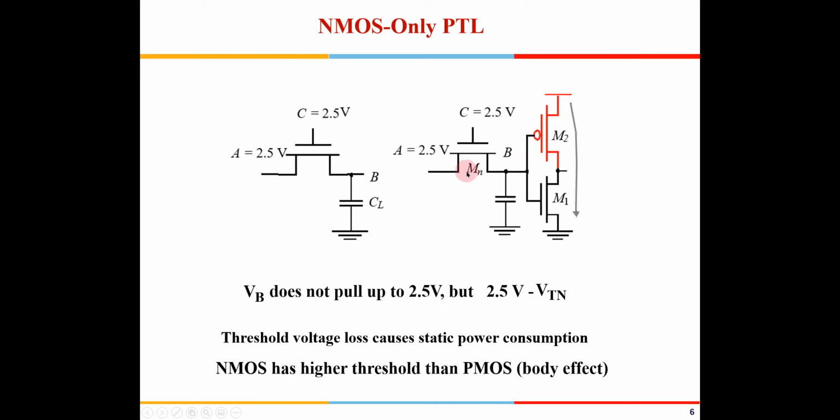Now if you see here, this transistor suffers from a body bias condition, because the source is not grounded here, so the threshold voltage will be higher. If the threshold voltage is higher, then this will not be charged to even 1.5 volt, it will be charged to below 1.5 volt, and then this M2 will be on.